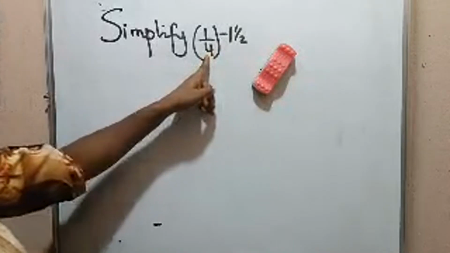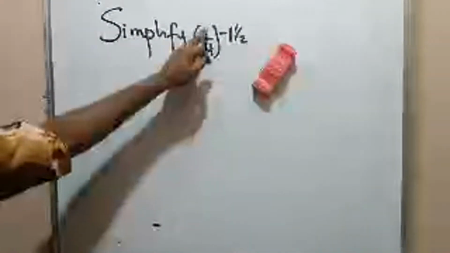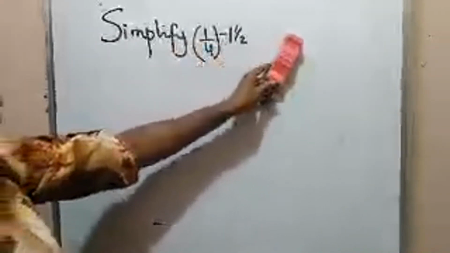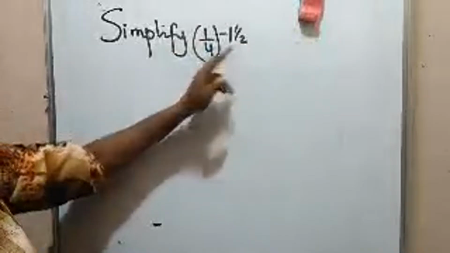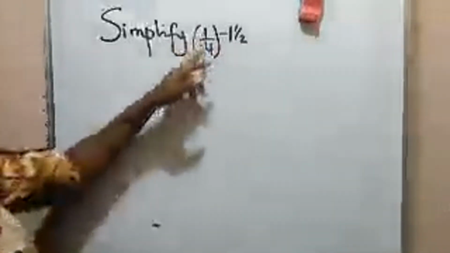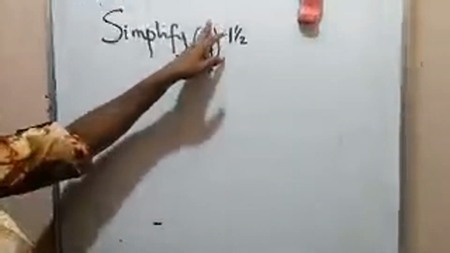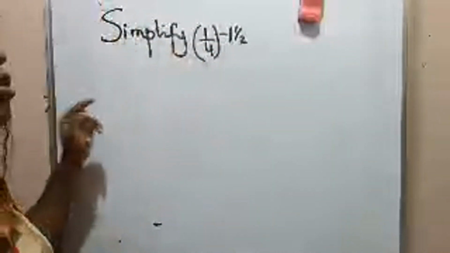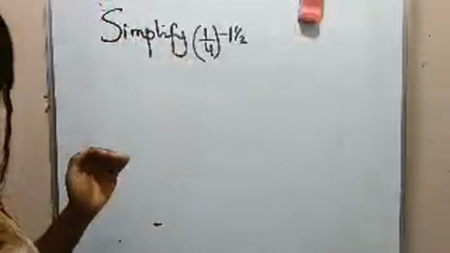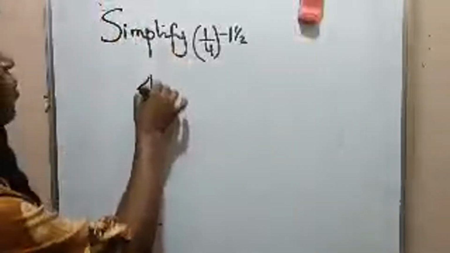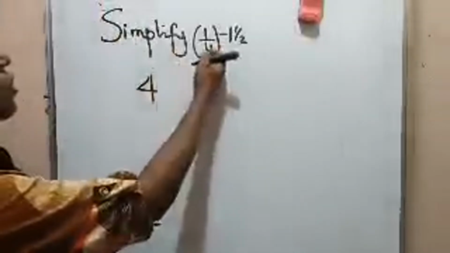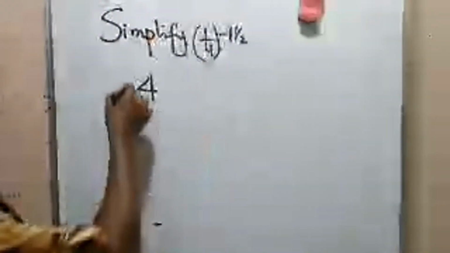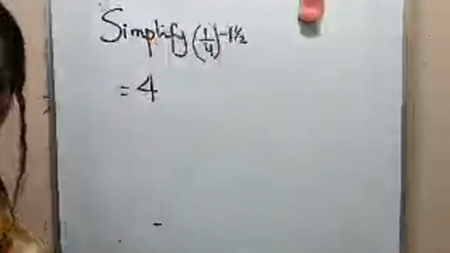So we need to take the inverse of 1 over 4 in order to remove the negative sign on our base. The inverse of 1 over 4 means we write 4 on top and bring down 1, so it's going to be 4 over 1, and 4 over 1 is the same thing as 4. So we have 4 to the power of, once we've taken the inverse, we remove the negative power.